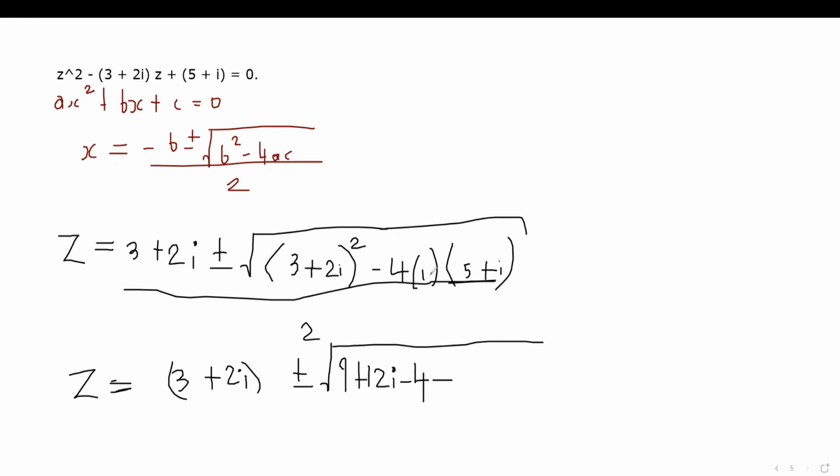And it's minus 4 times 5, which is 20. Then we have minus 4i. And this is all being divided by 2.